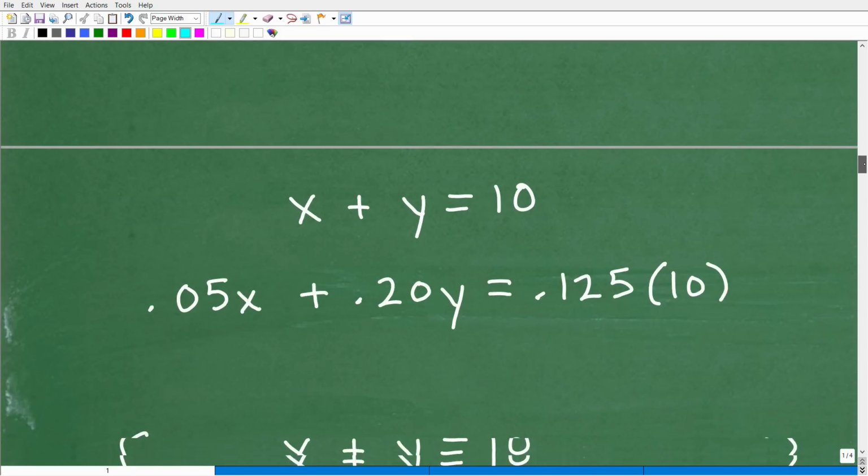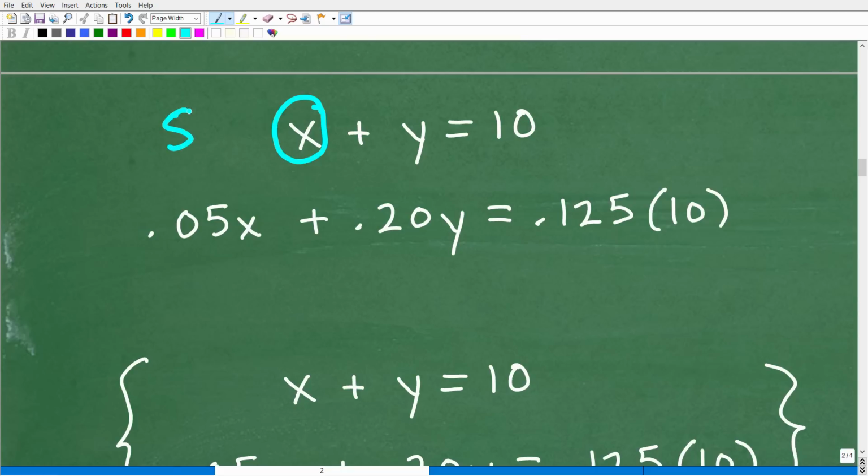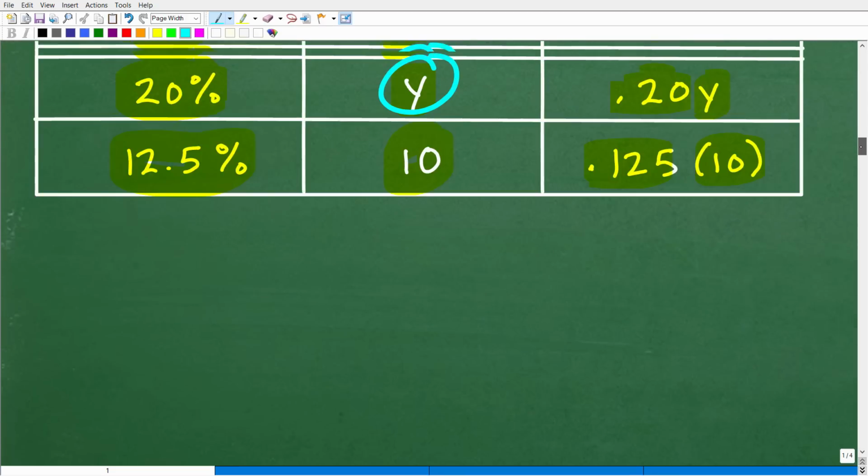So here we know that x plus y is the number of ounces that we're going to use for the 5% and the 20% together. We can't use too much of the 5% or too much of the 20% because the total amount has got to be 10. So let's go back to our table here.